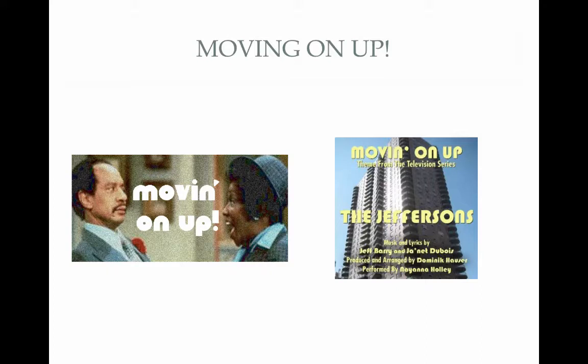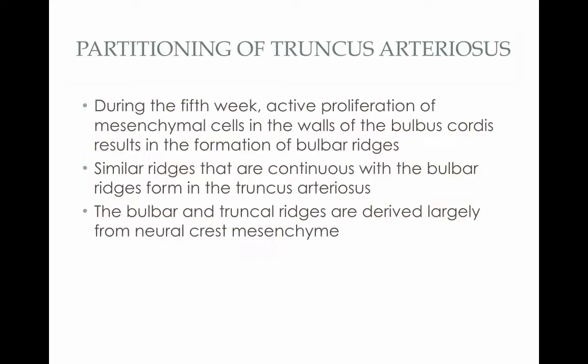It's a comedy that lasted about 10 years here in the States. Again, the guy was kind of this rude guy that thinks his wealth should afford him the finer things in life and get him what he wants, and his wife keeps him level-headed. But their theme song for this was called Moving On Up. And so I thought it was appropriate because we are moving on up through the heart tube.